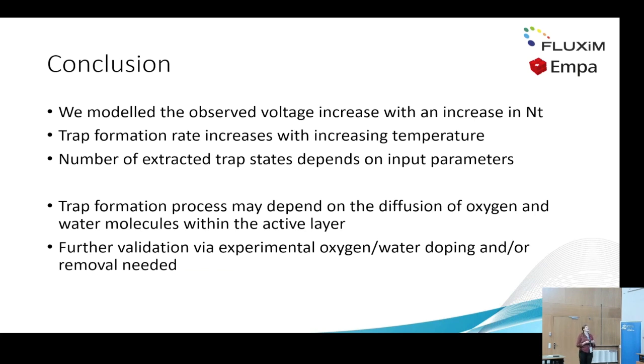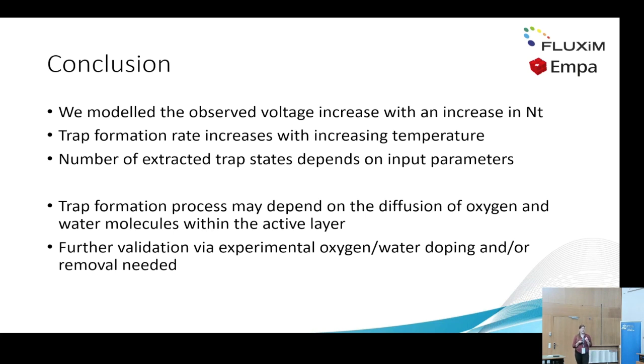We modeled the voltage increase in our drift diffusion simulation with an increase in the number of trap density, and the density we got from the simulations corresponds to the density of trap states we would expect for this kind of trap state at 3.6 electron volt.